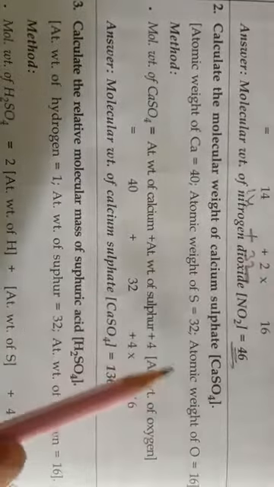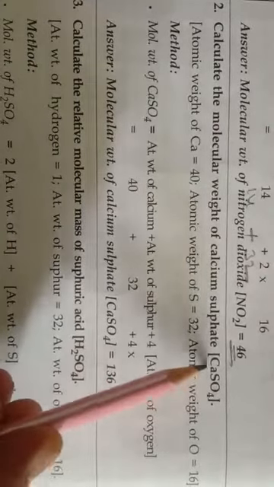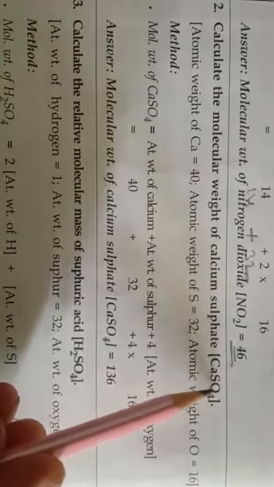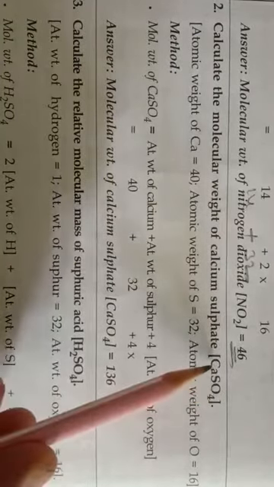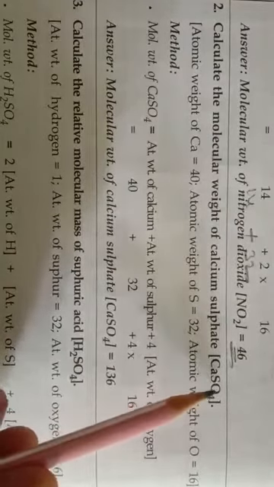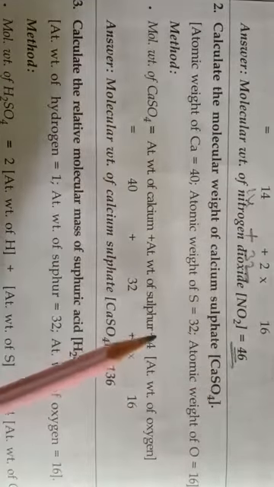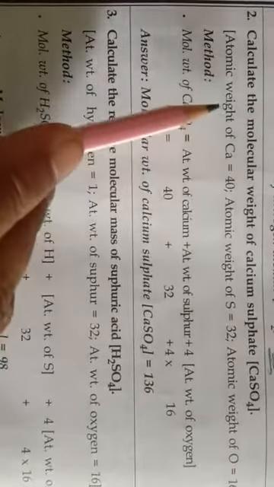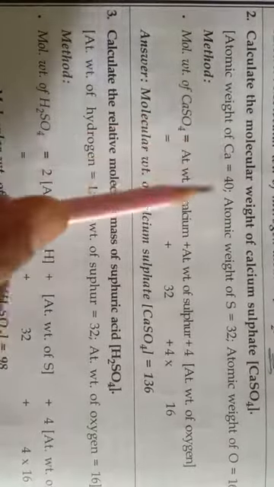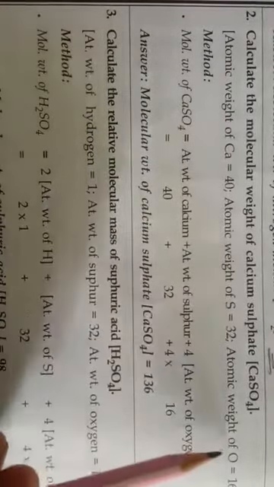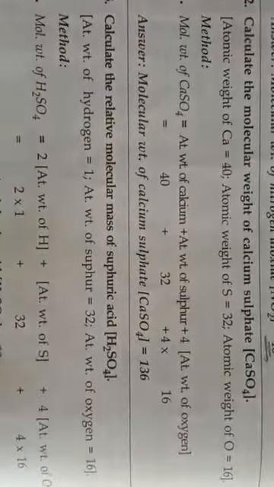So in a molecule of calcium sulfate, three different elements are present. These are calcium, sulfur and oxygen. As you can see, one atom of calcium, one atom of sulfur and four atoms of oxygen are present. Okay, children. Then relative atomic weights of calcium is 40, of sulfur is 32 and of oxygen is 16.